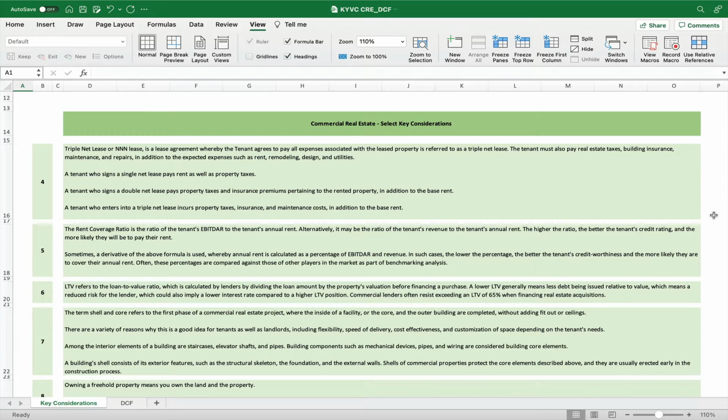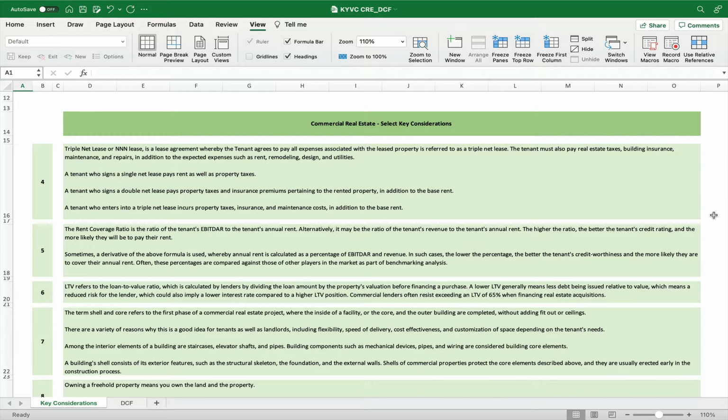Sometimes that formula is presented the other way around, whereby rent is calculated as a percentage of EBITDA or revenue. And what usually happens is that percentage is obtained from the market and then benchmarked against the company that you're looking to do a deal with. So for example, if on average rent constitutes 8% of a company's revenues, however, for the company that you're looking to do a deal with, that ratio would be 15%.